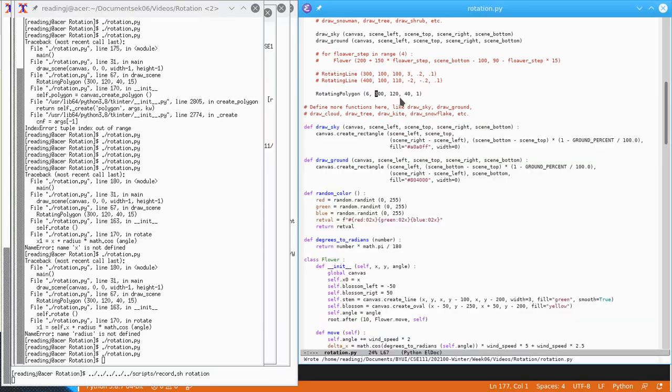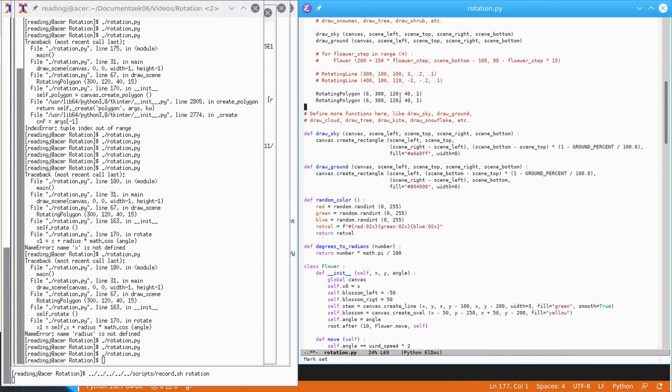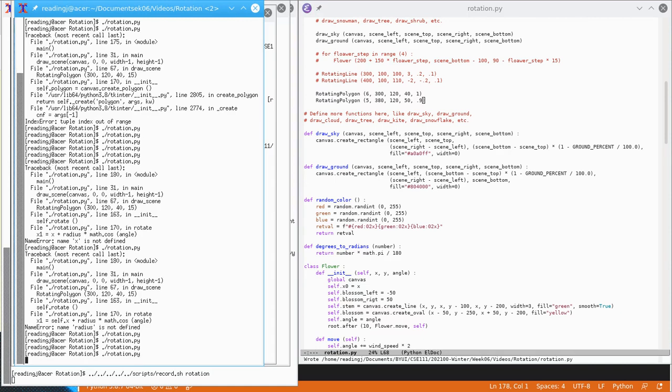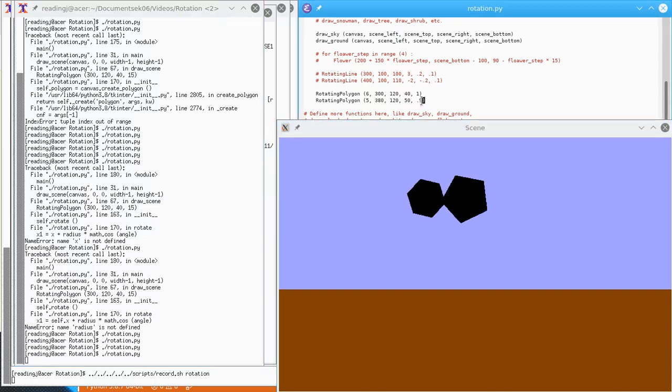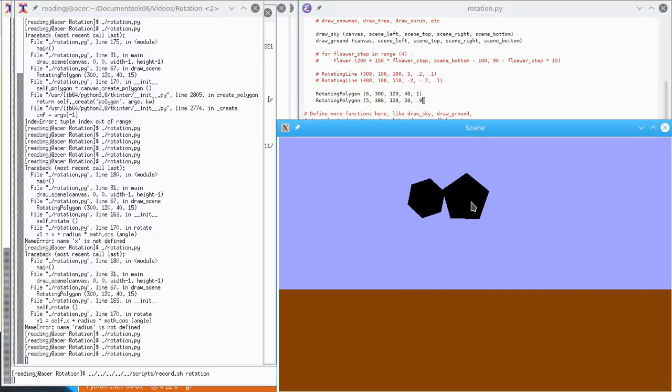So now, if I have pentagon, 380, 120, and we'll make its side 50, and we'll make him rotate just a little bit slower. Whoa! He's really buzzing. Why is he going so fast?